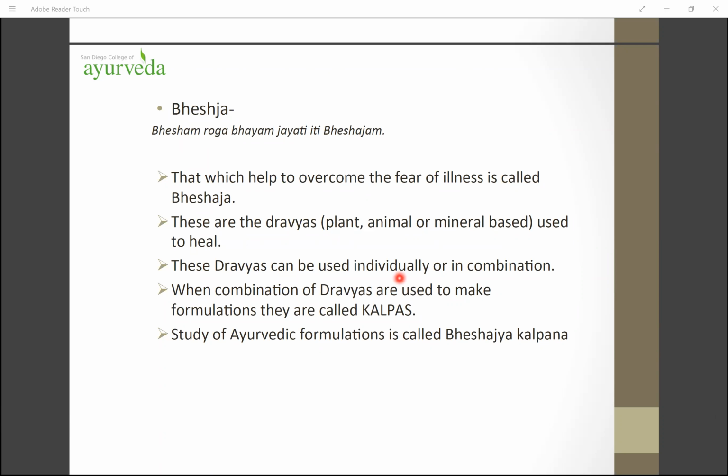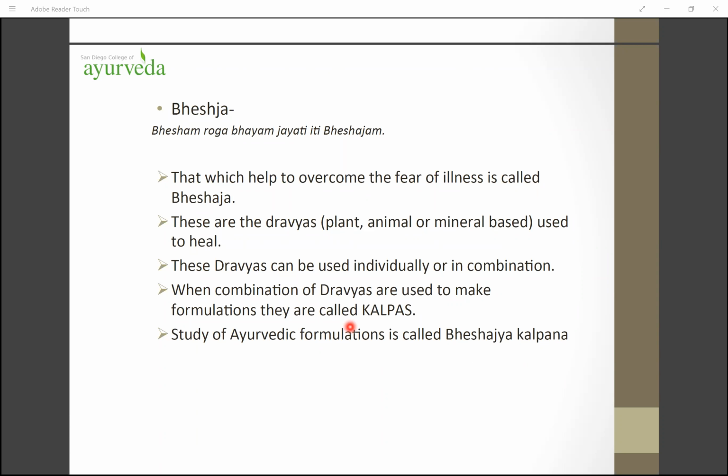When you use a combination of dravyas to make a formulation, then they are called kalpas, right? Where you have two or more dravyas that are mixed together in a particular proportion, in a particular way, and then when you make either a tablet out of it or a churnam or whatever kalkam or whatever you make, that formulation is called a kalpa.